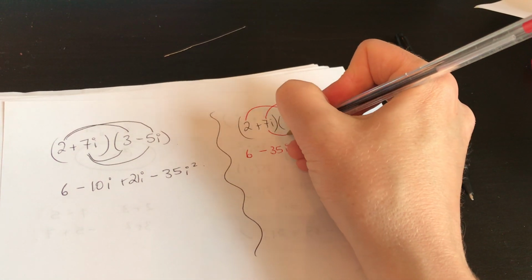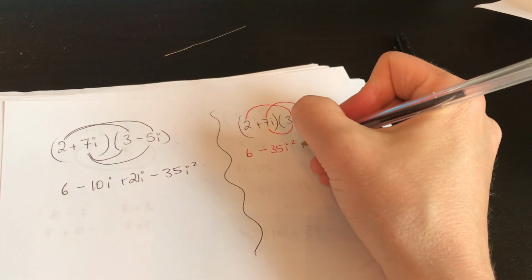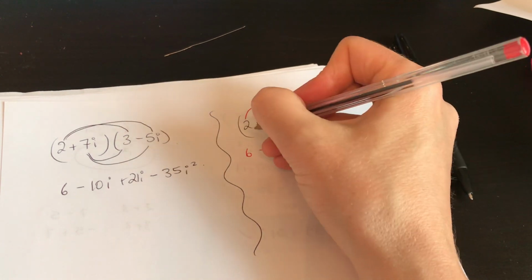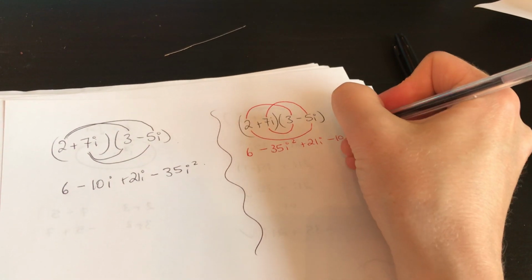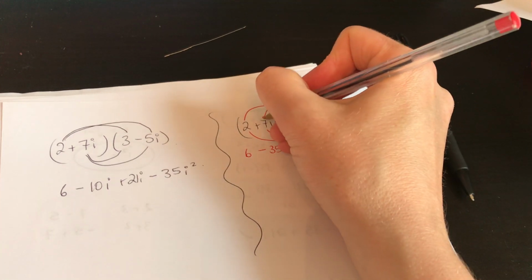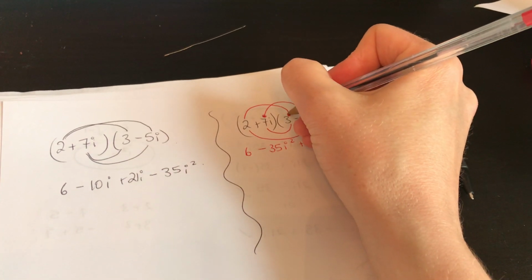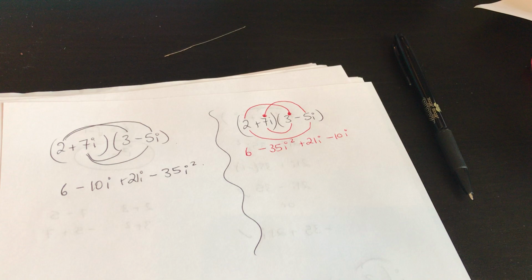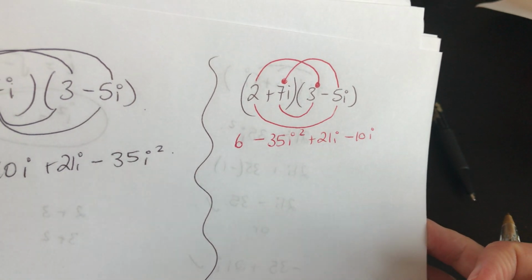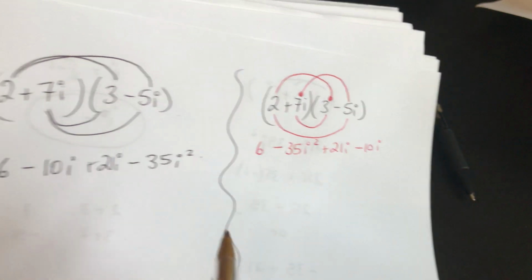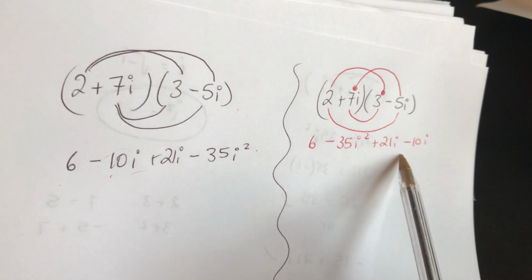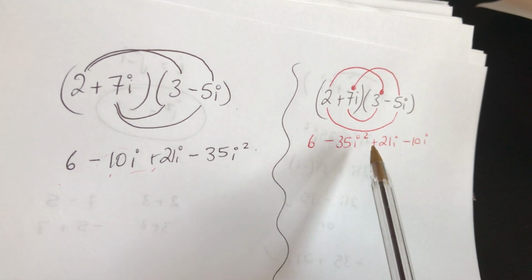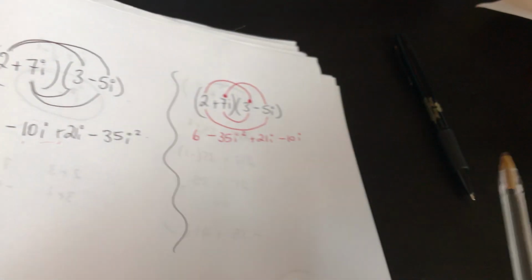You will have a 7i by a 3, which is 21i. And you will have a 2 by a minus 5i, which is minus 10i. And you can kind of see your smiley face there. I can't tell if you can really see the smiley face. It gives you the same answer. There's your 6, there's your minus 10i. It's in different order, but it's the exact same thing.